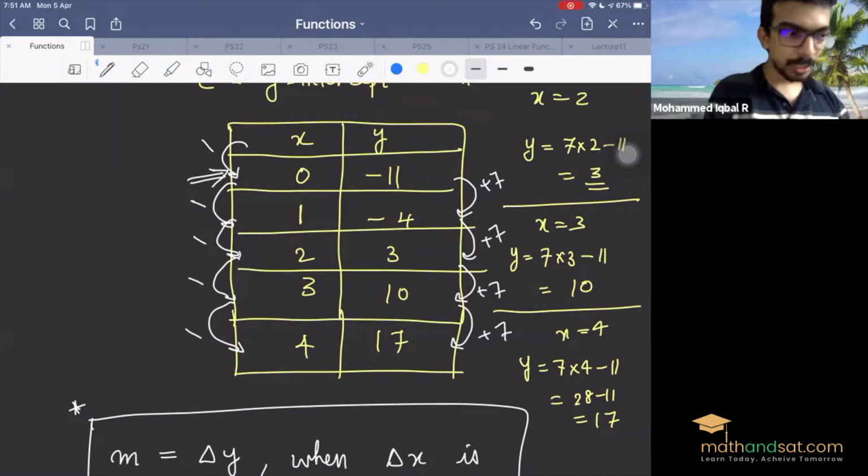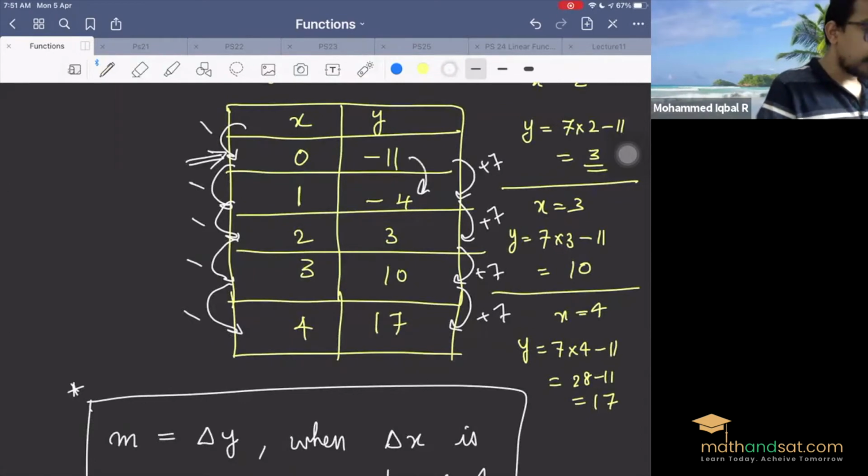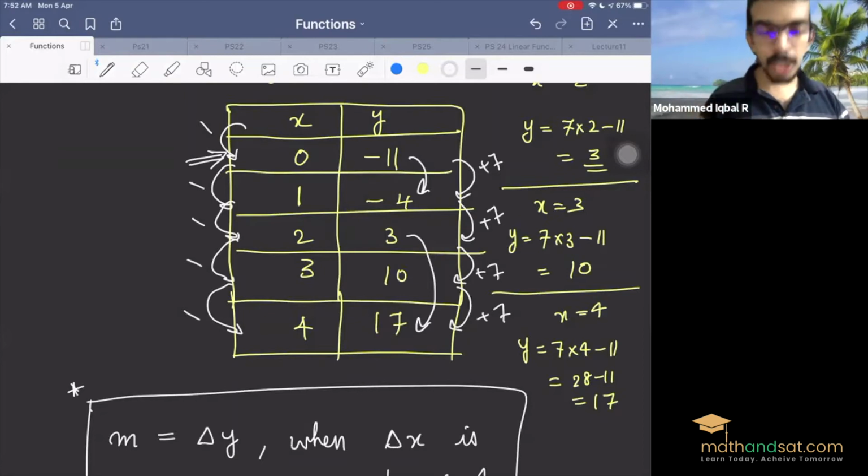It does not change. If you take any two pairs of points, any two input output ordered pairs, your change in y by change in x will always be the same.